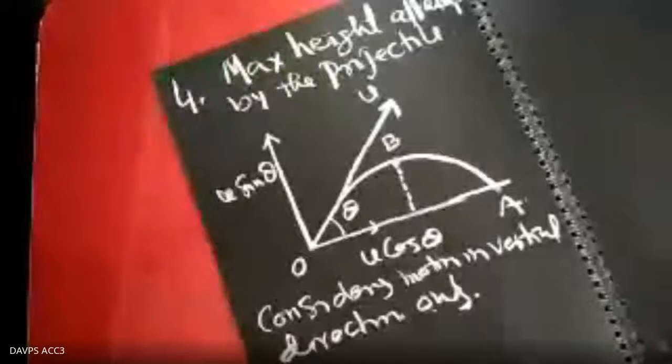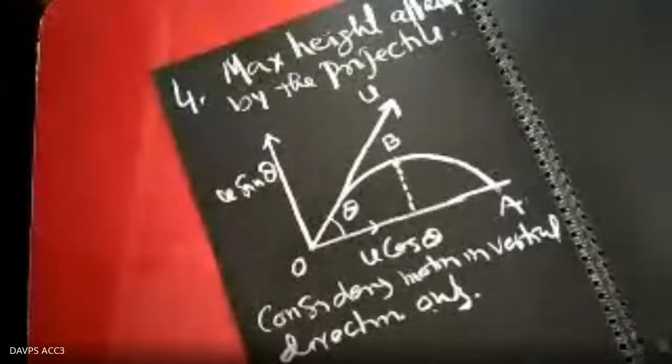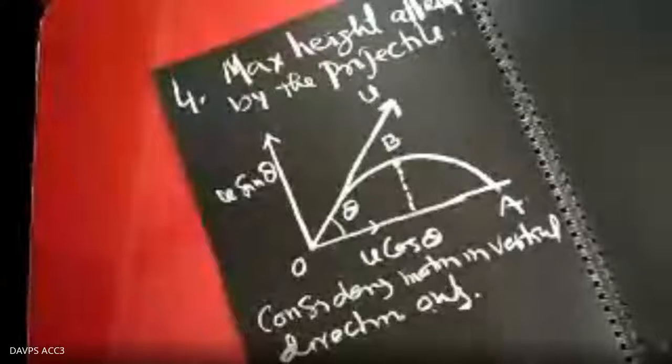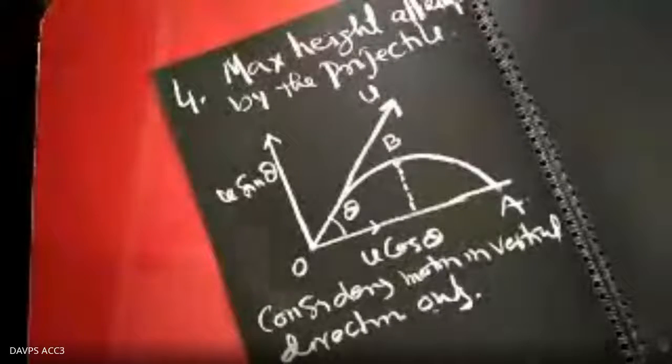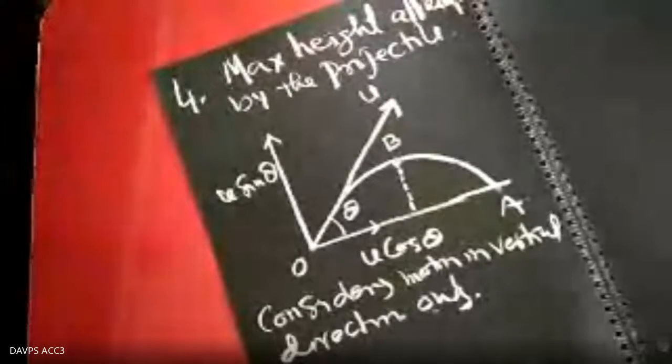Yes, sir. What is the velocity of the projectile at B? I think it must be 0 only, as Anisha said. Lux Jain's answer, I think, may be correct.